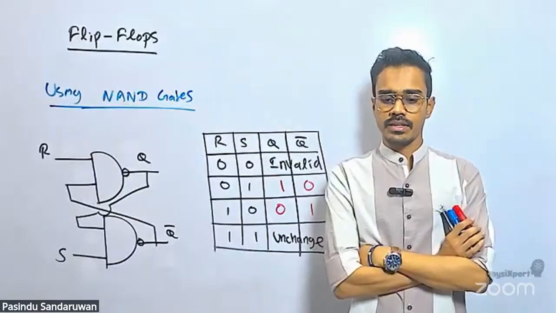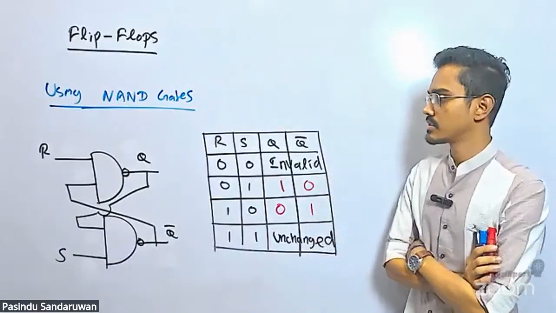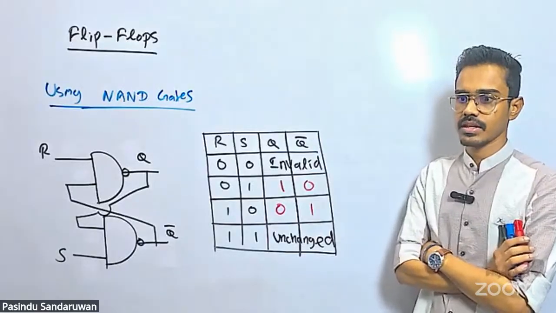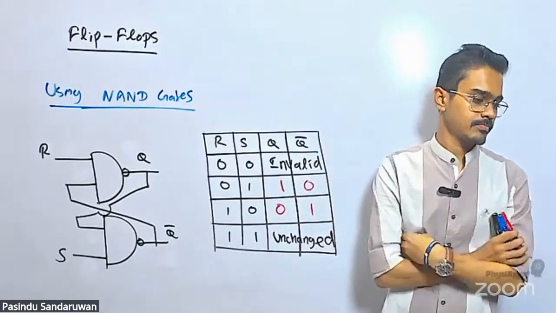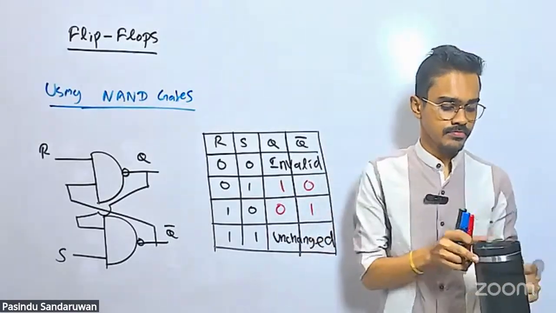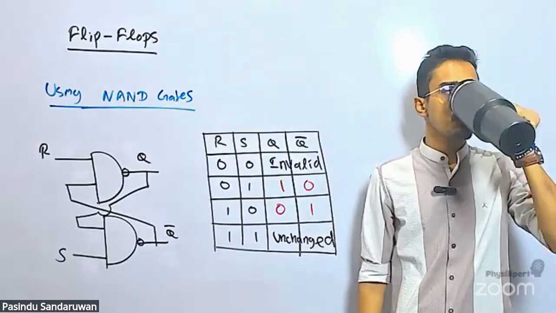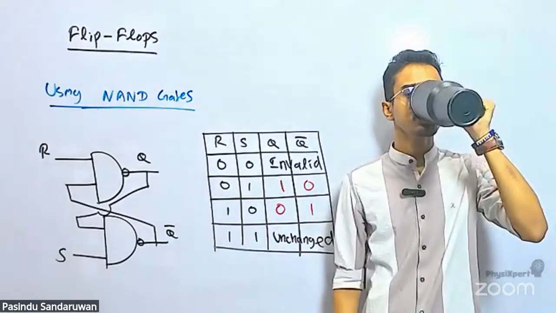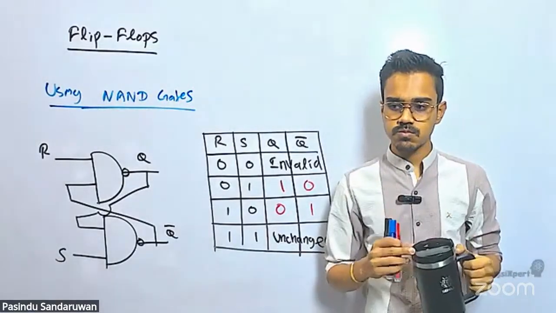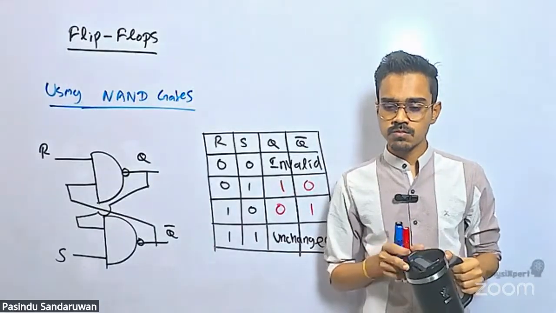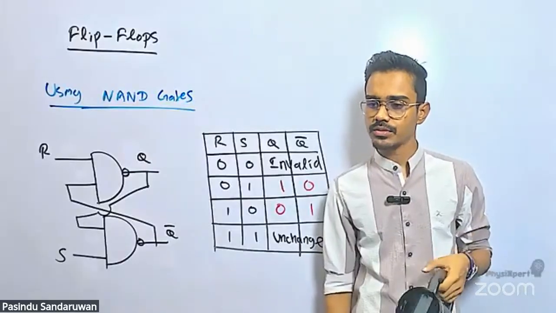Right? Any questions so far? Any other questions? So is it clear? Anything else before moving on? It is connected according to the truth table.